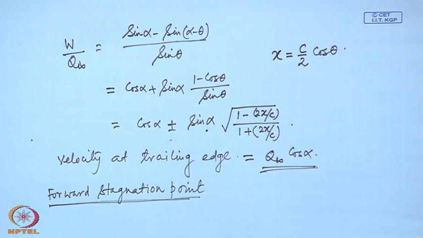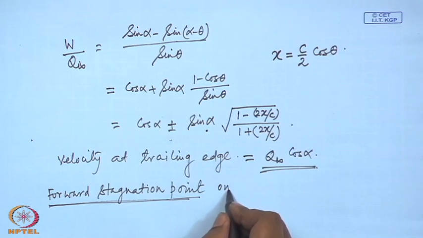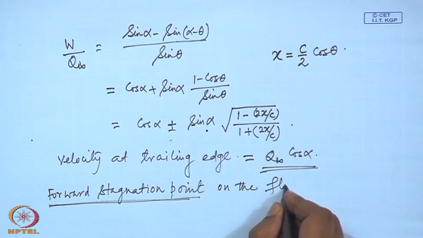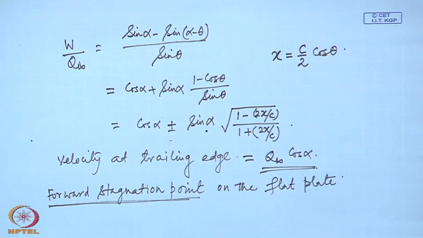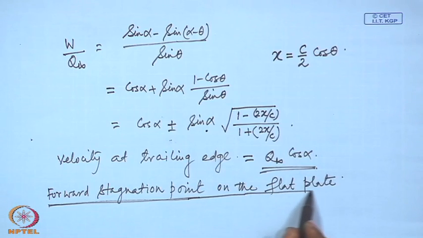Okay, then where is that on the flat plate? Minus 2 r cos alpha.